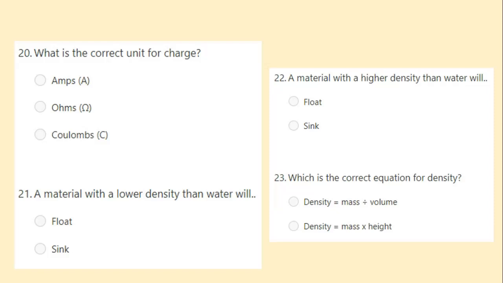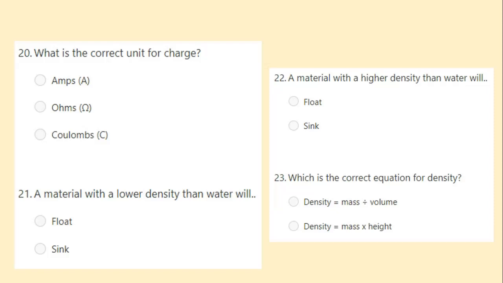Similar to that then, we have question 22. A material with a higher density than water will float or sink. You need to decide. Will a material with a higher density than water float or sink?